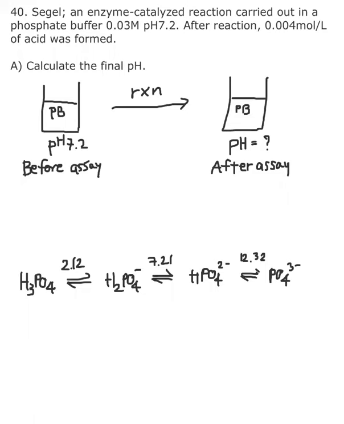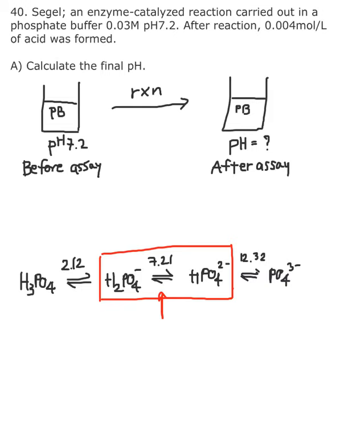So before the reaction, the pH of the buffer is 7.2, and when you see the process of the protonation of phosphoric acid, the pH is actually equal to the second pKa here, 7.2, or almost equal. So if the pH equals pKa, what does it mean?